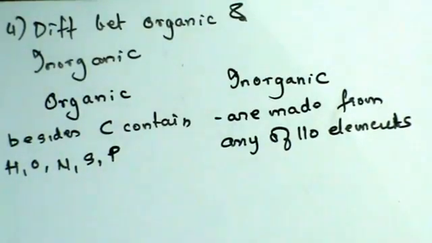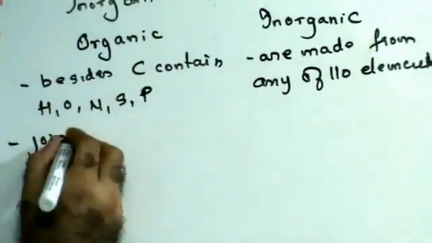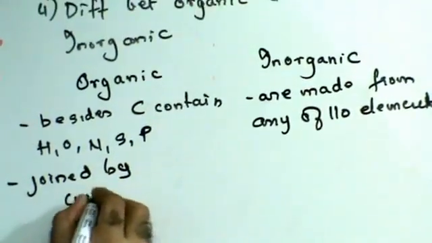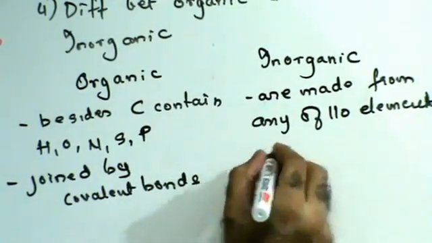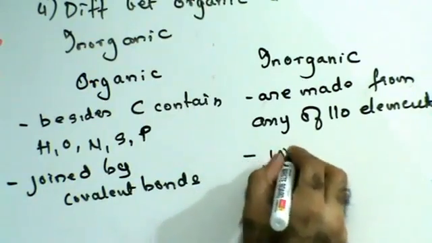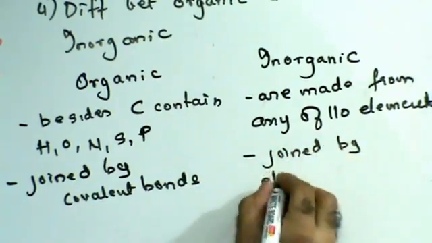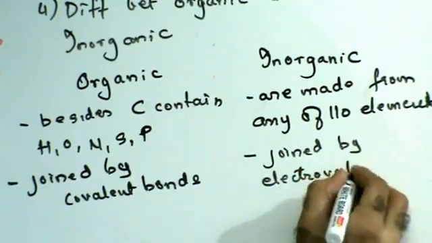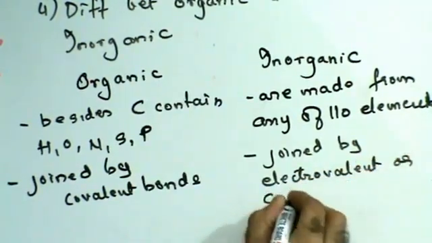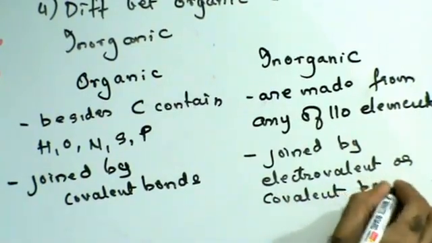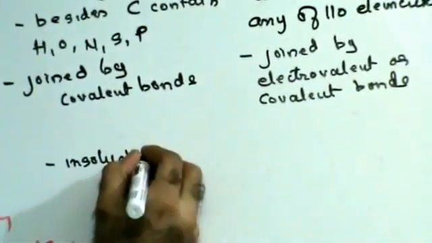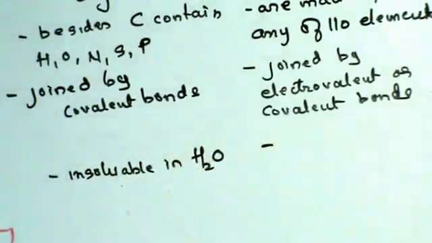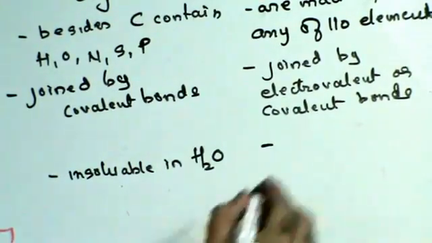Right? Organic compounds are joined by covalent bonds. Inorganic compounds are joined either by electrovalent bonds or covalent bonds. Organic compounds are insoluble in water. Inorganic compounds are soluble in water.